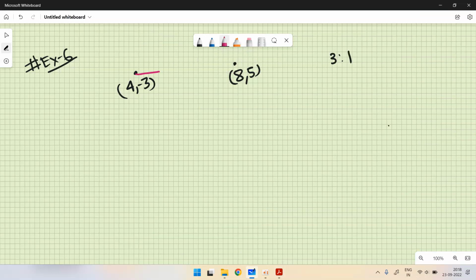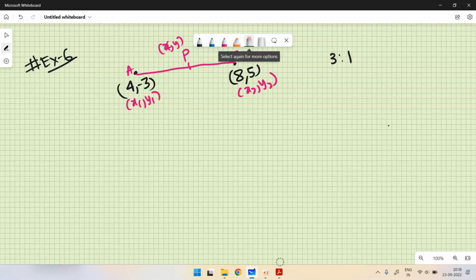Let me join these points and let the point be P. This is A and this is B, and the coordinate of point P is (x, y). Let me suppose this to be (x1, y1), this to be (x2, y2), and this is divided in the ratio 3:1.